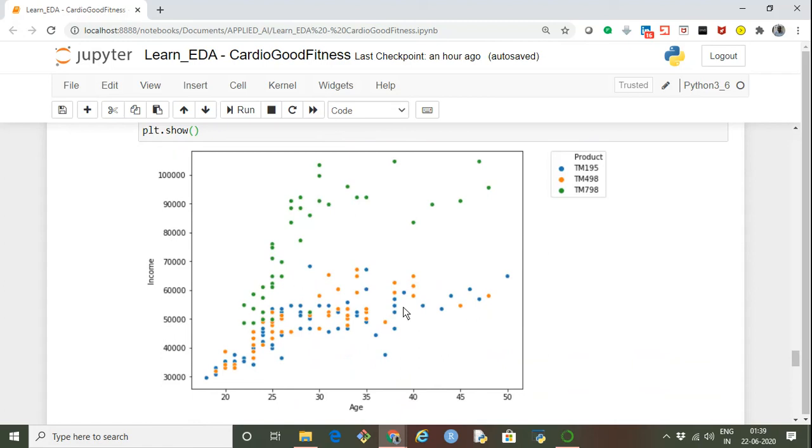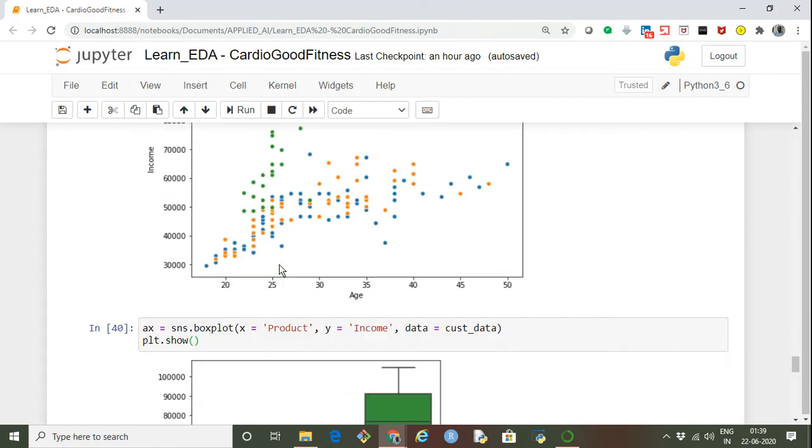That is why people who are higher on the income side bought it, and it must be, I think, sophisticated compared to the other two, because the other two products are mostly preferred by those who seem to be low or average on the fitness level.